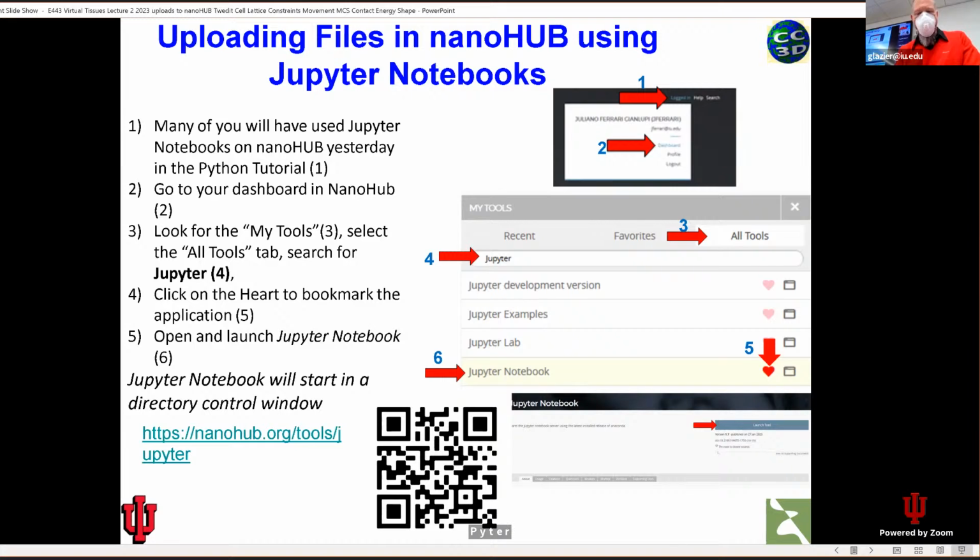Then it'll give you a bunch of examples. One of them will just say Jupyter Notebook, and bookmark it because you'll be using it a lot. Even if you're not going to be using nanoHUB as a primary resource, it's not a bad idea to follow along for the moment. So I'll give people a minute to do that.